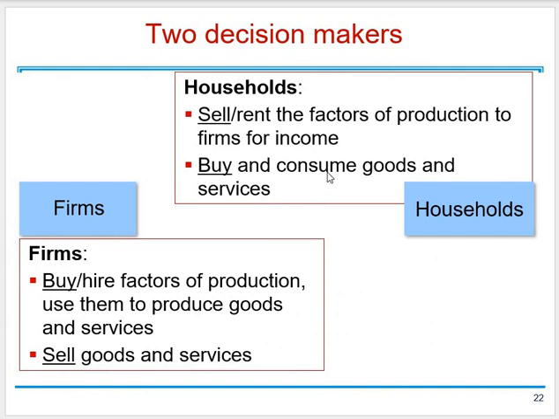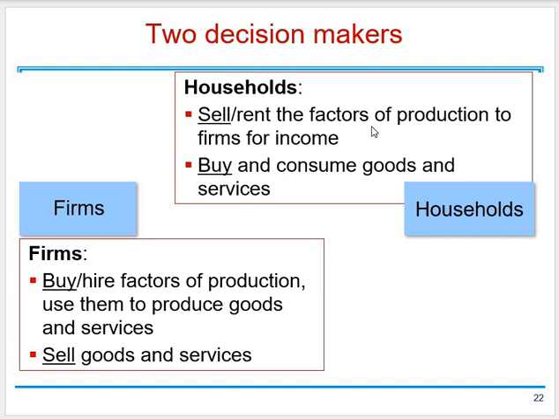To start with, let's take a look at what the 2 decision makers need to fulfill in 2 different markets. So first, for households, they need to sell the factors of production in the factor market so that they could earn incomes. And examples could be they get a job, they provide labor as a factor of production in the labor market to earn wages.